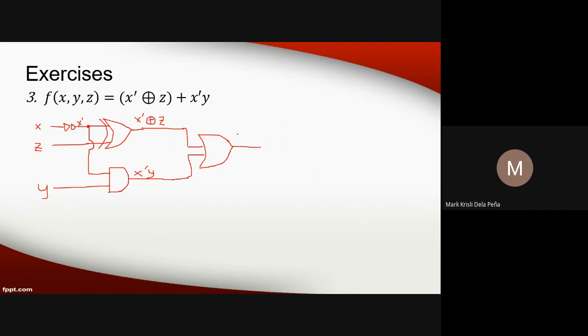So this is now our f of x, y, and z, or this expression here. This is how we create a circuit diagram. Again, recall the previous slides and items, and answer them. They might be included in your activities.